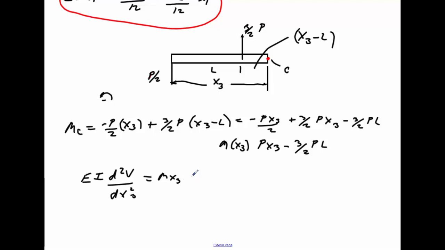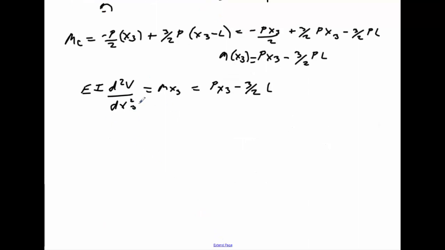So we're going to set that equal to the right value here, which will be equal to P x3 minus 3 over 2 L. Now again, basically you're moving this up and you're going to integrate. So I'm going to simplify a little bit as I go. If I integrate the left side and move the x up with respect to v, then I would get dv is equal to, and then we're just doing this part here.